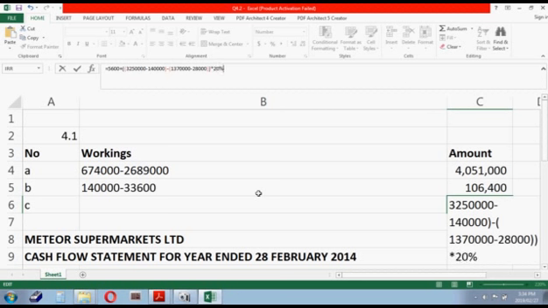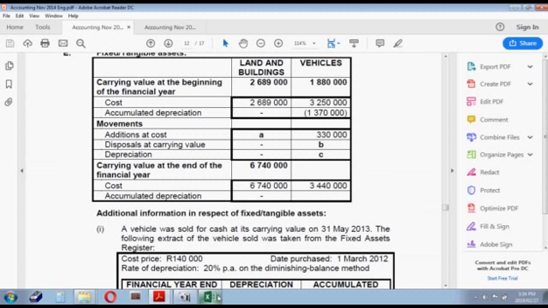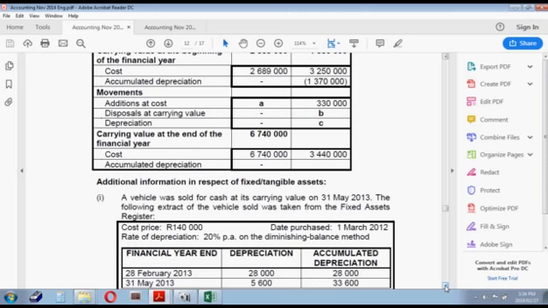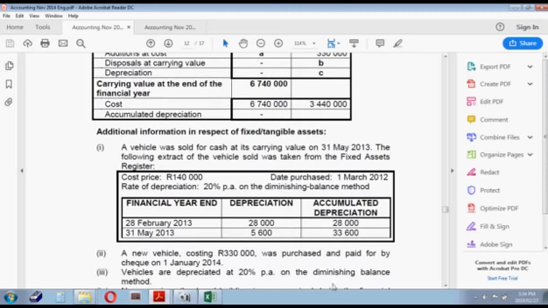We therefore have the carrying value of the vehicles we kept for the whole year. We still have to calculate 20% on that. And then finally, we have to go back to our note and notice we had additions also of 350,000 at cost. Let's see if our additional information indicates when we purchased those vehicles. Indeed, point 2: a new vehicle costing 350,000 was purchased and paid for by cheque on 1 January 2014. So at that stage, we don't have any accumulated depreciation. We are going to write down depreciation for the first time, only for the months of January and February.